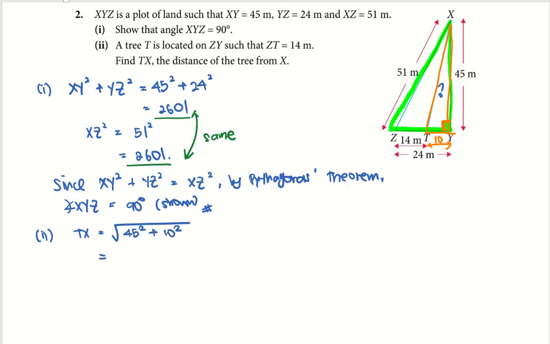Press into your calculator straight, you end up with this value, and round it off to 3 significant figures. That would give you 46.1. So this is for question number 2. A straightforward question and simple application of both your converse and also your Pythagoras theorem.